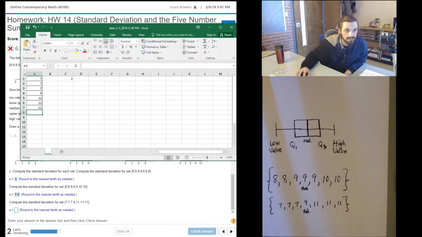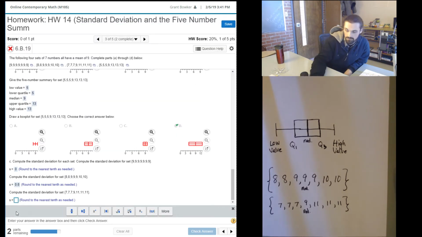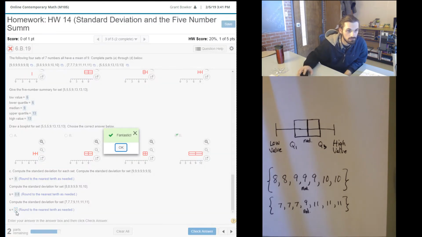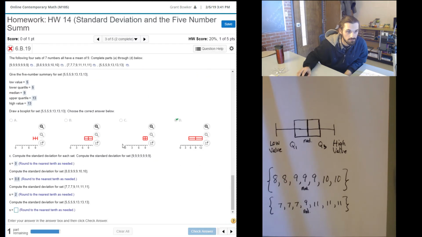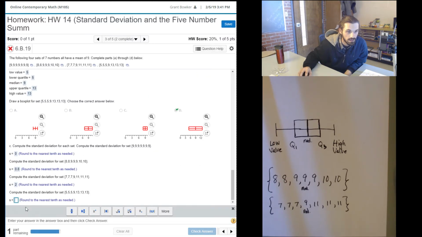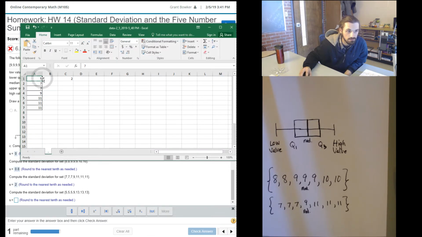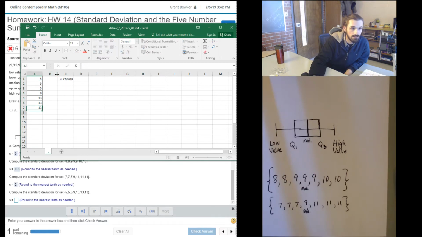And we see we have a standard deviation of 2. Compute the standard deviation for 5, 5, 5, 9, 13, 13, 13. We get a standard deviation of 4.